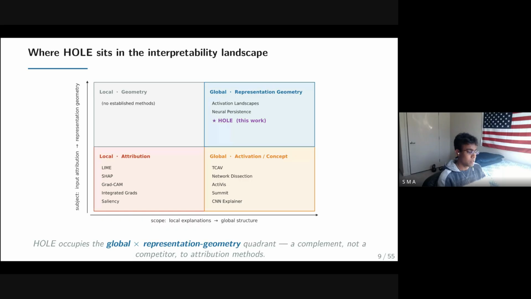It's mostly related to discriminative models and not the generative stuff. The things you're seeing here are quite old, like LIME, SHAP, GradCAM, saliency maps, and CNN Explainer. This project is mostly looking at the global landscape and the shape or representation of the manifold. So it's not a competitor, but a complement to these local attribution methods.